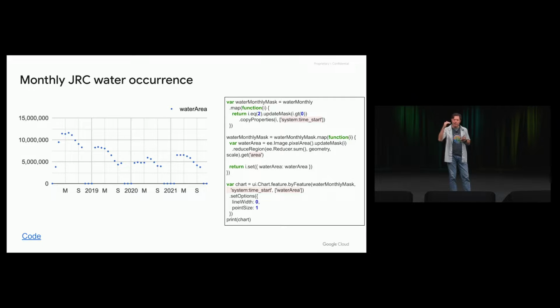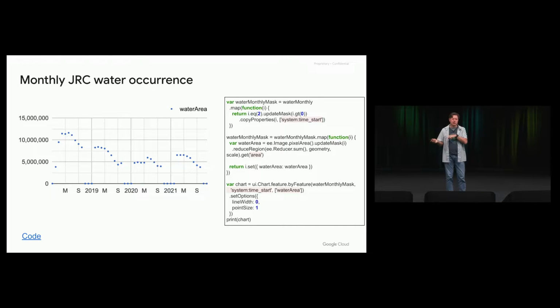So basically for every image you would have to compute, let's say, the total area of pixels covered by water, and that can be done by combining the pixel area with a regional reducer. We see this in the middle of the script.